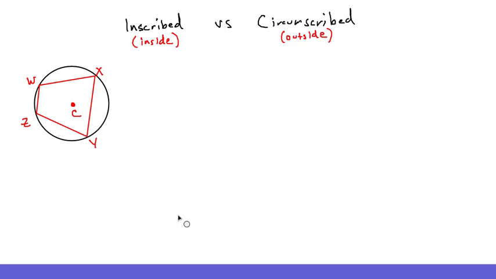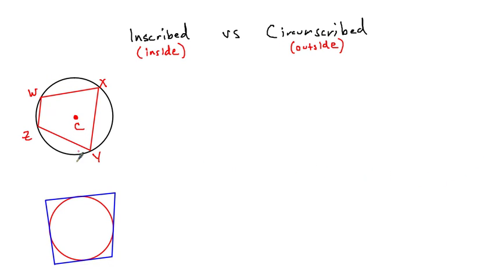So I'm going to make a circle. And I'm going to make a polygon that goes around it. So we'll see how this goes. All right, not terrible. Not perfect, but not terrible. All right, so let's take a minute and get these pictures. This will be W, X, Y, Z also. And we'll have it going around circle C.